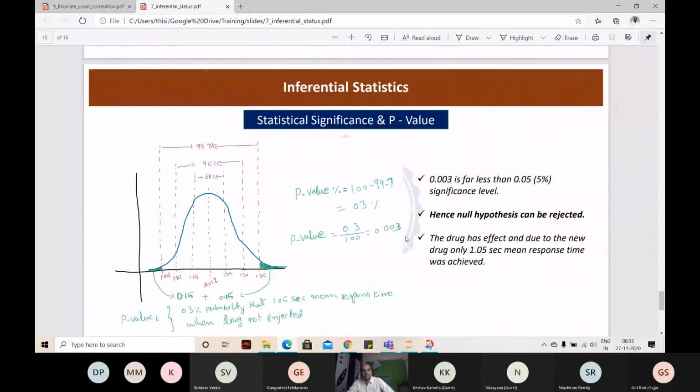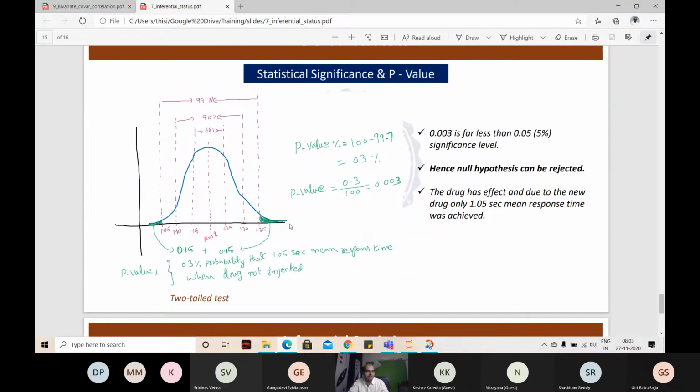When null hypothesis is true, we took the mean, we calculated the standard deviation and looked at this number 1.05, the response time, and how frequently it was happening when null hypothesis was true. It was not happening 99.7% of the time. That means it is happening only 0.3% of the times. That means 0.003. Now if you take one side, it is 0.0015, the p-value.